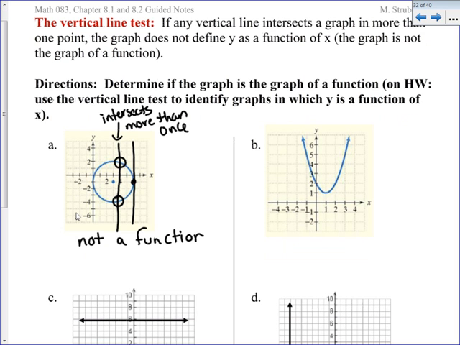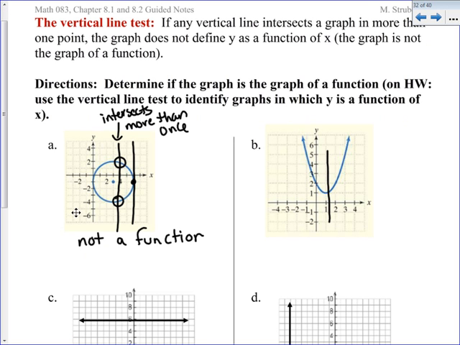So if I look at B, we're going to become very familiar with that type of graph when we get to Unit 4. It's a graph of a quadratic, which we've been working with a lot. I want to know, is it a function or not a function? So can I find any vertical line that when I draw it on there would hit more than once? I could try through the bottom there. Nope, that hits just once.